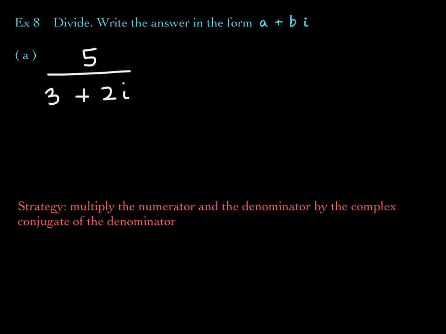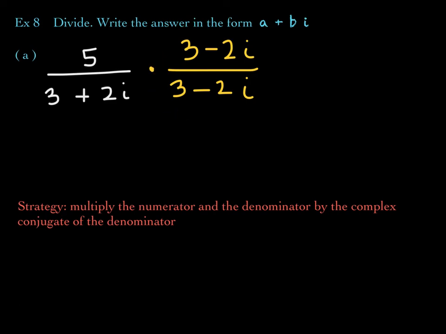The complex conjugate of 3 plus 2i is 3 minus 2i. Now we must multiply the numerator and the denominator by the same expression so that you're really multiplying by 1. And whenever you multiply an expression by 1, you're not changing its value.